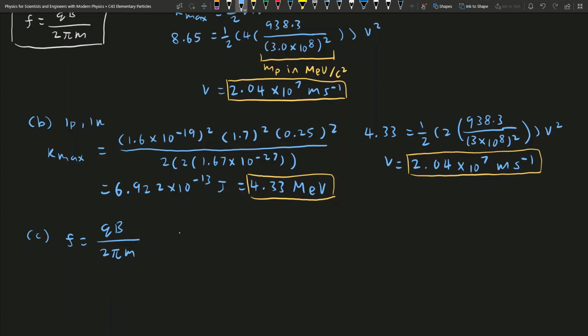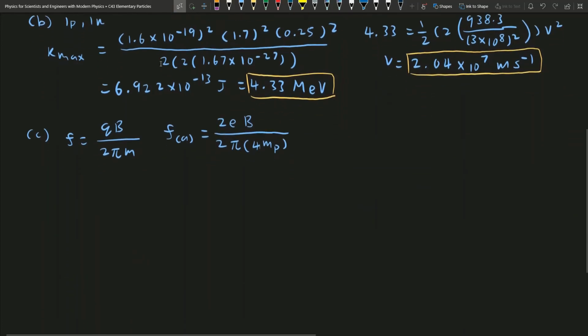Let's say for case A we have the alpha particle with two positive charges, two of the charge of the proton, and we have the same magnetic field, and 2 pi, and the mass is 4 times the mass of the proton.